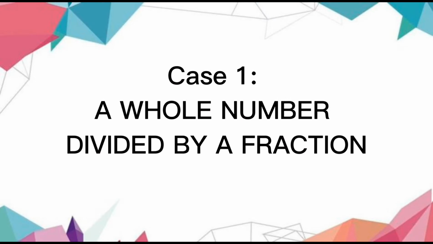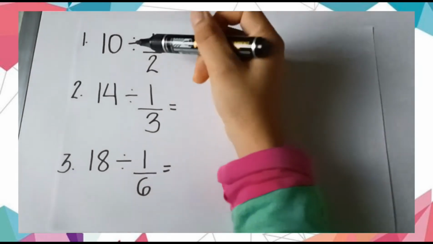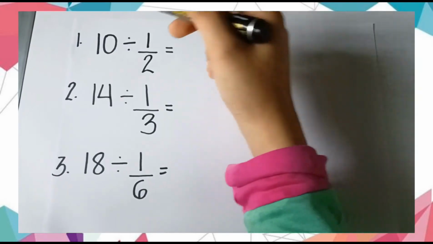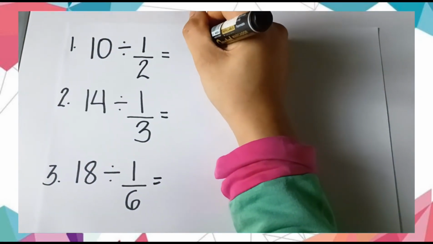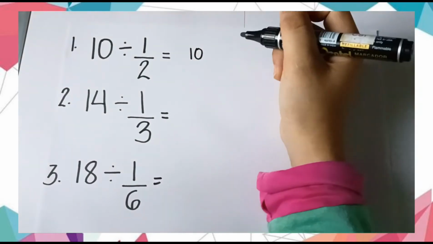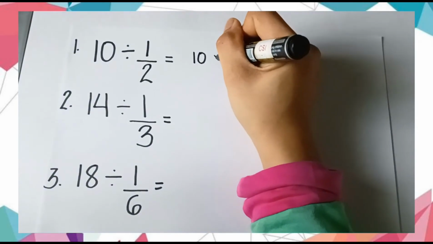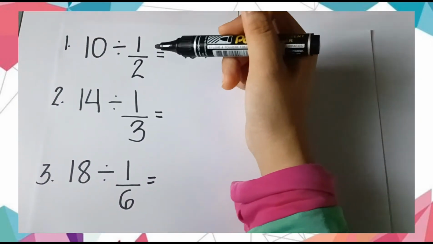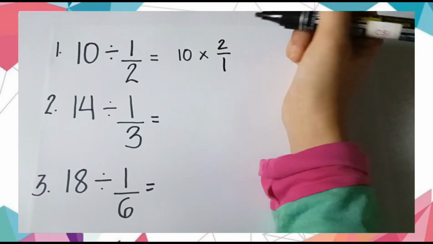So let's have case number 1, which is a whole number divided by a fraction. Example number 1, 10 divided by 1/2. Let's use the KCF method. We keep 10, and then we change the division into multiplication, and then we flip 1/2, so it becomes 2/1.